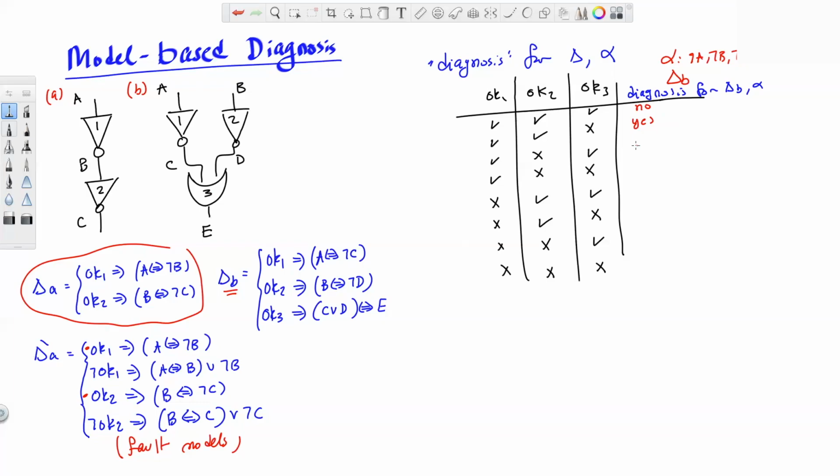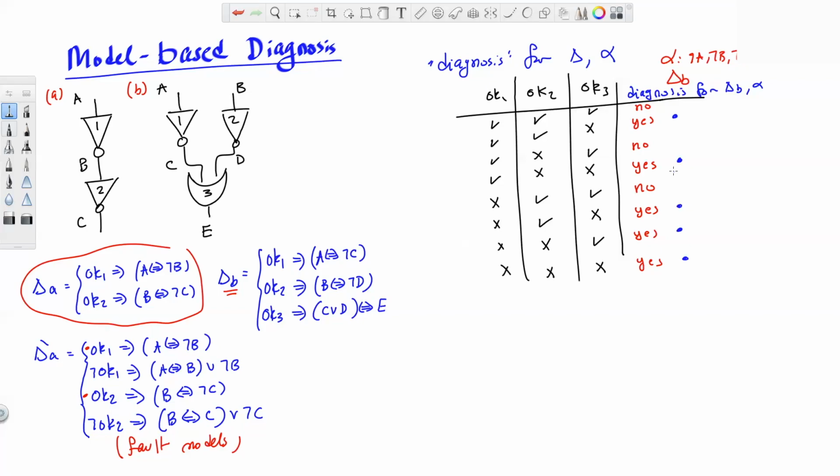And what you'll find is this is not going to be possible, and this is going to be possible, and then this is not going to be possible, and the last 3 will be possible. So how many turned out to be possible in this case? 1, 2, 3, 4, 5. 5 out of 8 are possible states of the system.